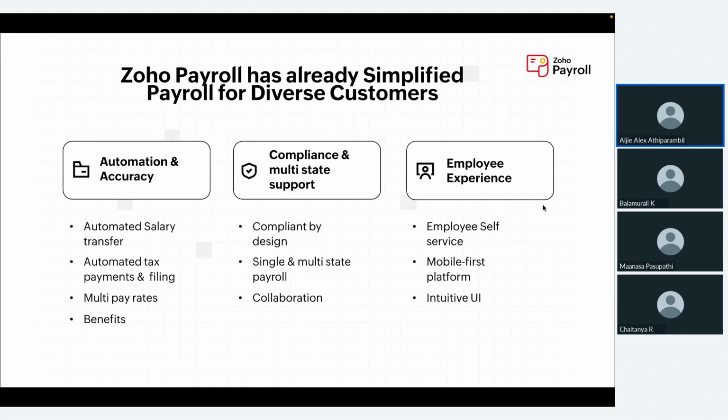Zoho Payroll provides an employee self-service portal, which is available as a mobile application as well, and features an intuitive interface. Payroll isn't just accurate and compliant, it's smooth and user-friendly for both employees as well as teams. With its expanded multi-state capabilities, Zoho Payroll makes managing complex operations across locations easier than ever.